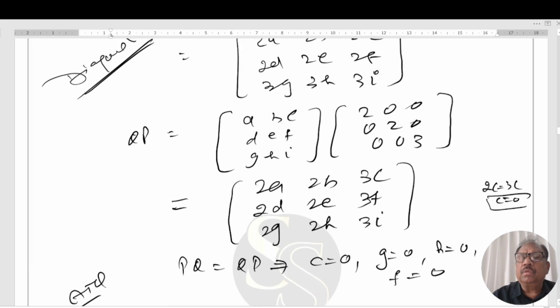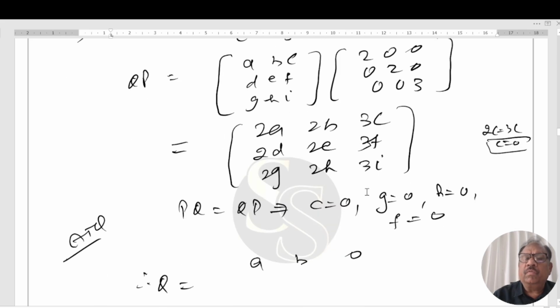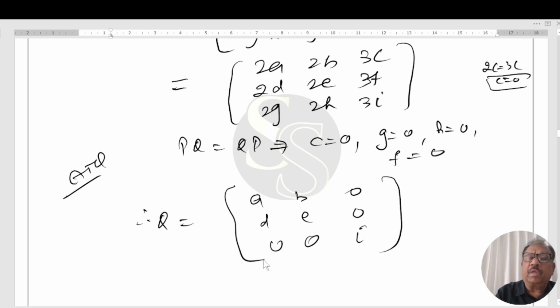Q will be A, B, 0; D, E, 0; 0, 0, I. This is the Q matrix.